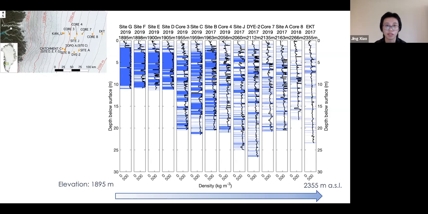But with more and more high melt events, high melt years, more and more water went into the firn and refroze there, and therefore closed the pore space. Therefore, in the future, I imagine it will act as a greater contributor to sea level.